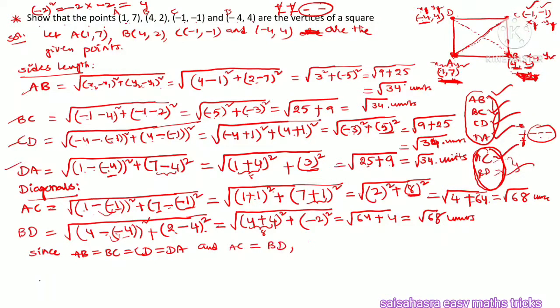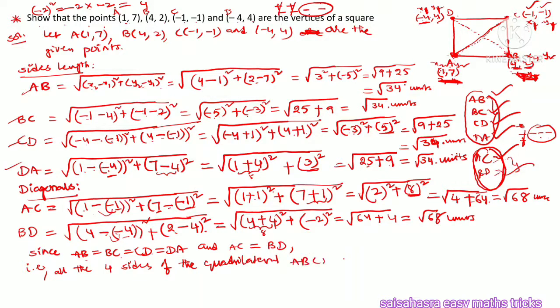That is, AB, BC, CD, DA are all the four sides of the quadrilateral. First we don't know that it is a square, we are just thinking of it as a quadrilateral. What is the name of the quadrilateral?